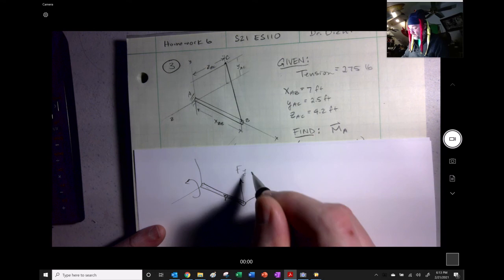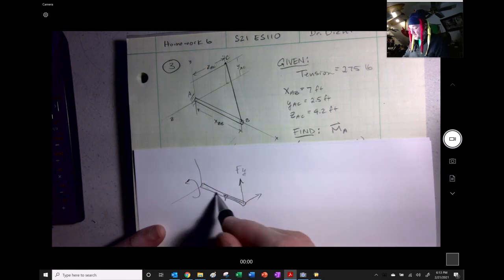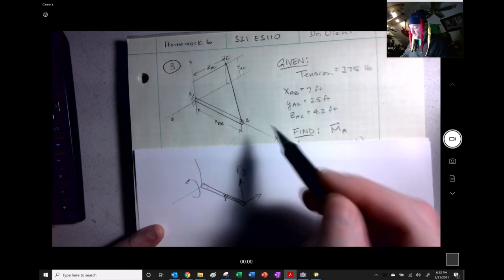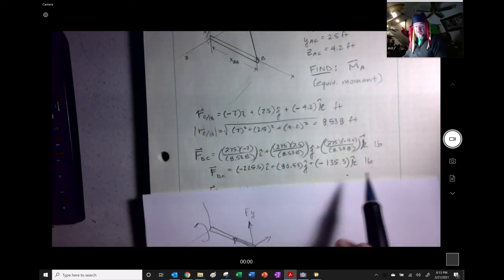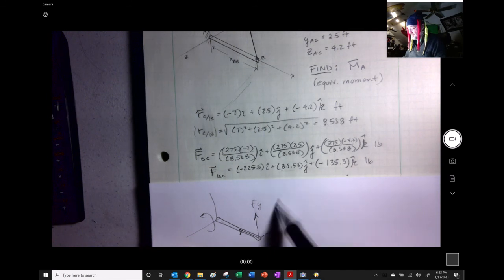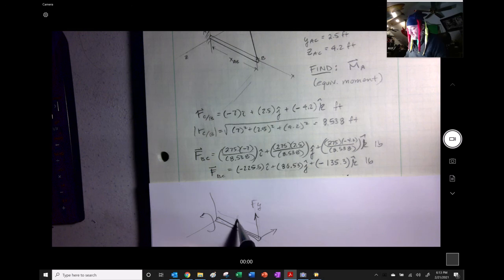This is the Fy, and we take it times this distance. So it's just this vertical component of this force, which we found to be 80, right? It's going up this way, and it's going to be multiplied by this length right there.